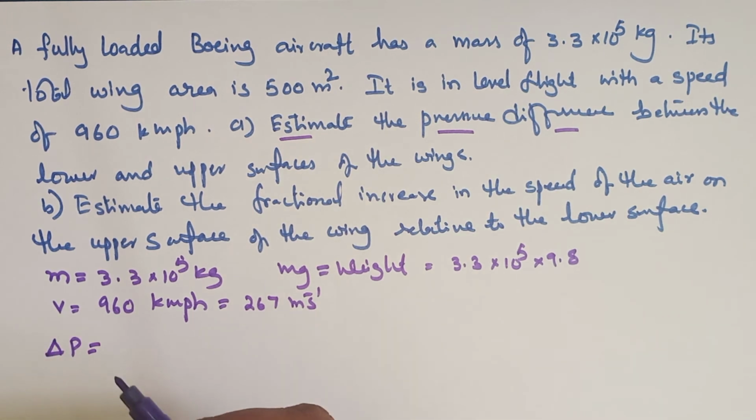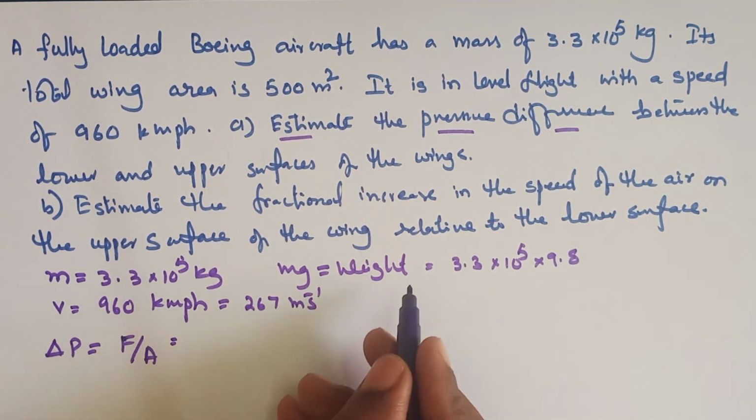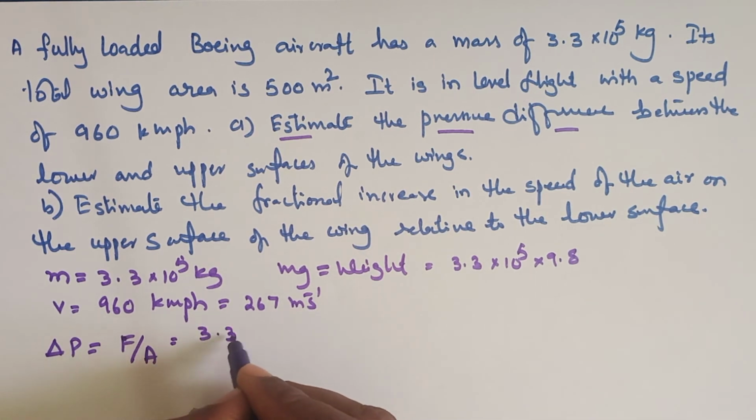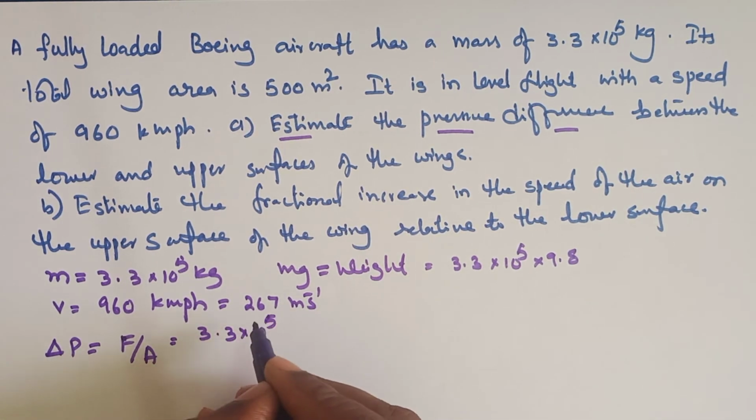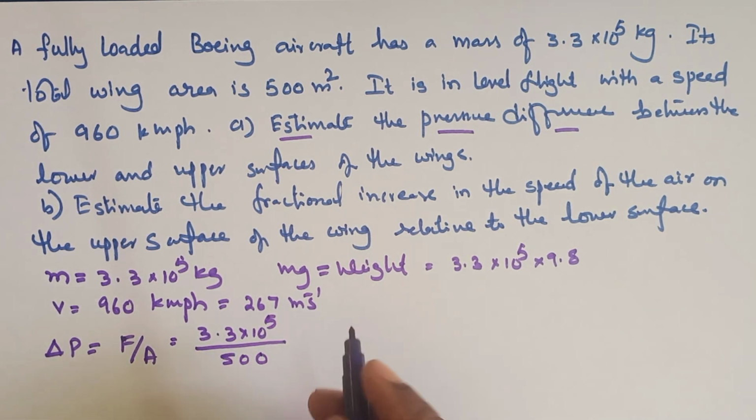Delta P is equal to F by A, since pressure is force by area. Here F is nothing but the weight, mg, 3.3 into 10 power 5, divided by the area 500.